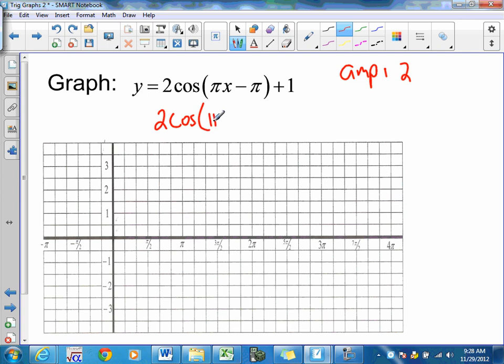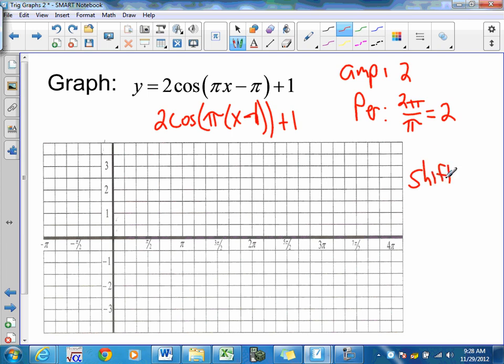Now I need to factor out the pi. So my period is 2 pi over pi, which is 2. And my shift is right 1, which is 2 lines, and up 1, which is 2 lines.